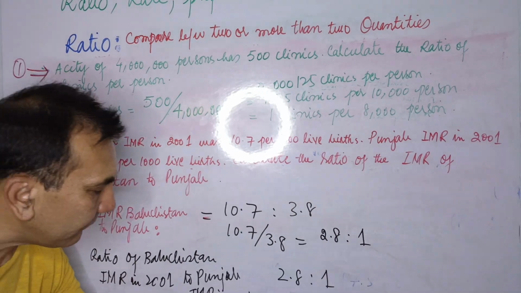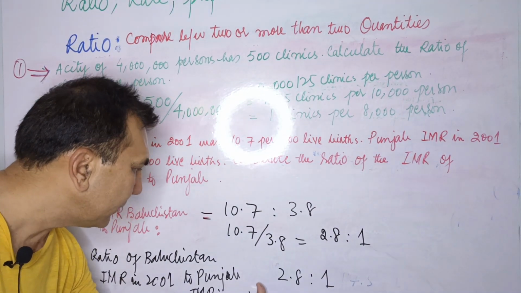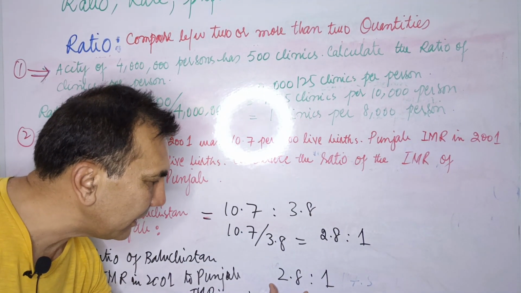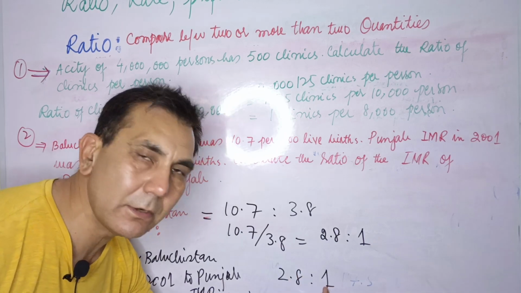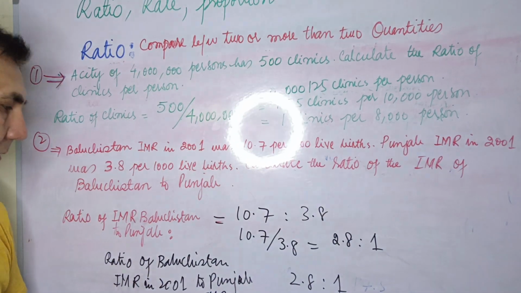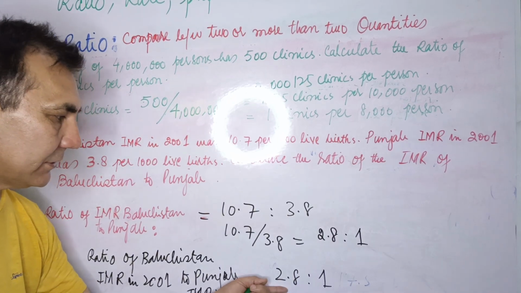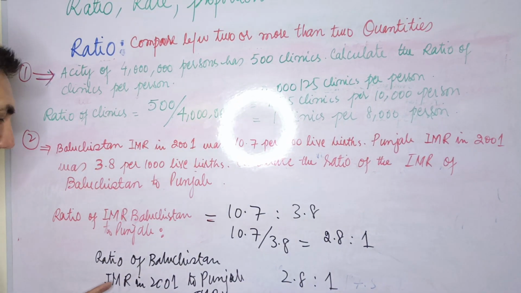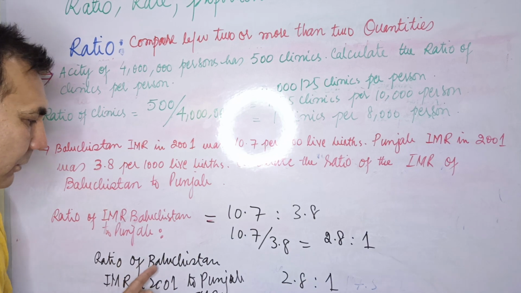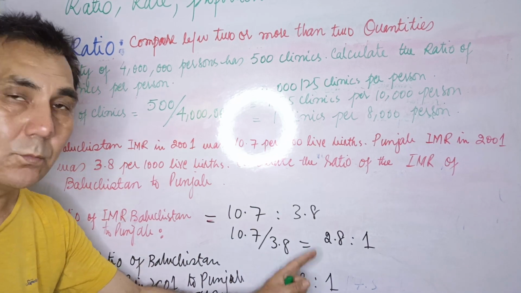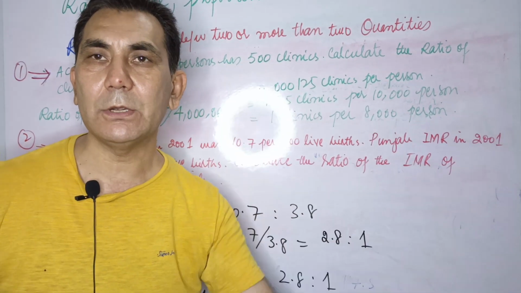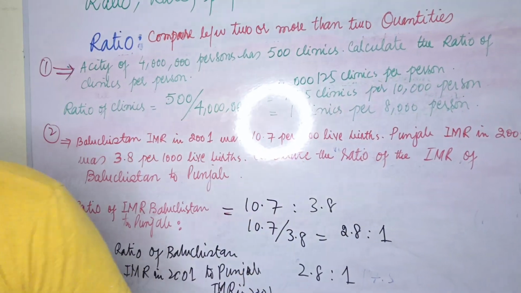It means the infant mortality rate of Balochistan is about 3 times higher as compared to Punjab, as 2.8 is around 3. The ratio of Balochistan infant mortality is 2.8 to 1 as compared to Punjab.